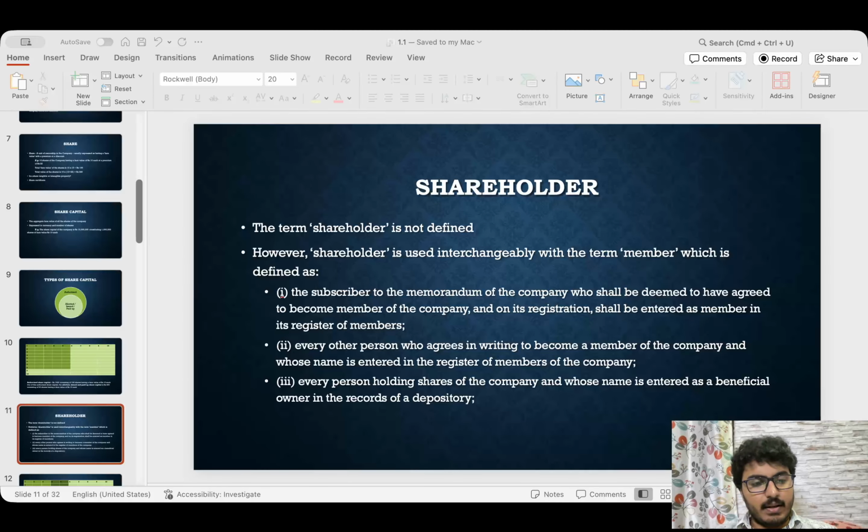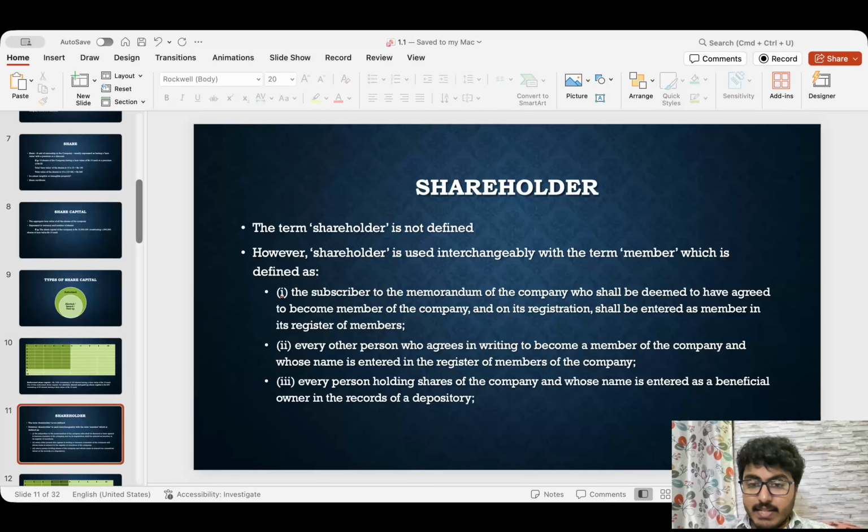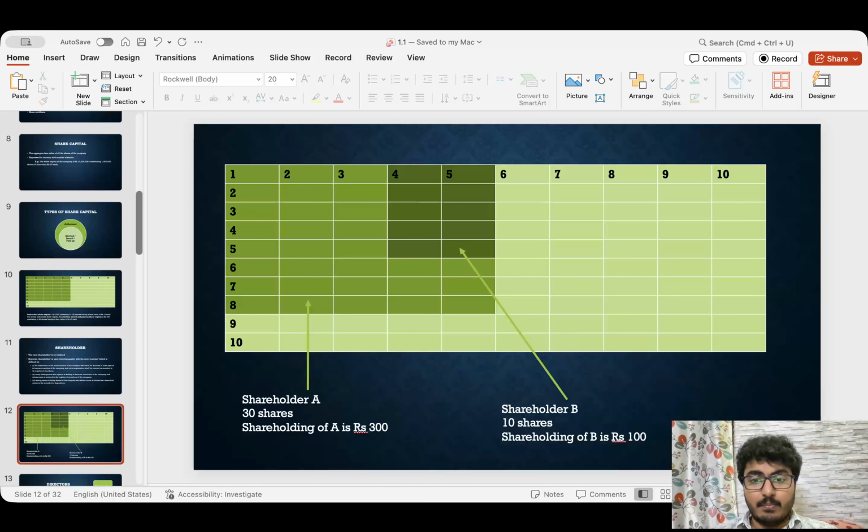Any person agreeing in writing to become a member and whose name is entered in the register also becomes a member. Similarly, as per the law, beneficial owners recorded with a depository are treated as members. Thus, ownership and membership are closely connected in company law. So these are the definitions and concepts of the term shareholder.